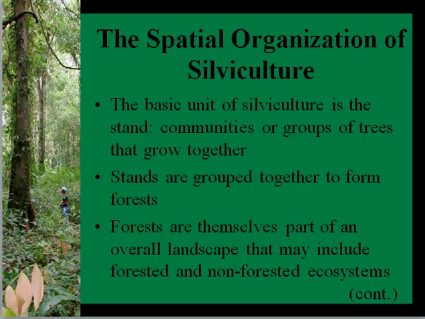And forests themselves quite often are part of an overall landscape, which may include forested and non-forested elements or ecosystems. So in a landscape, your forest may be a corner or a quarter of the landscape, or the forest may actually be broken up into smaller forests or stands scattered in different parts of the landscape.